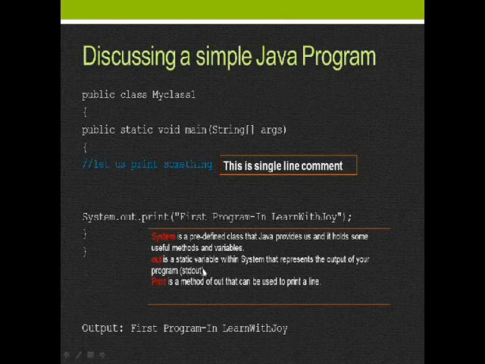Out is a static variable within System that represents the output of your program, that is stdout. What is stdout? Stdout is the console output. And print is a method of out that can be used to print a line, and the output of this program will look like this.